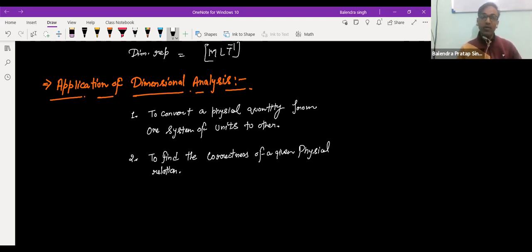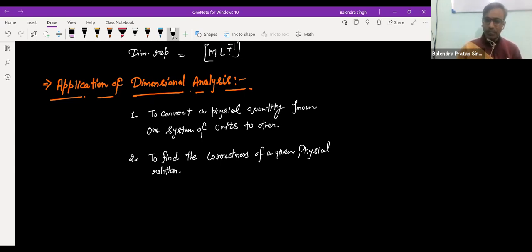Suppose you have an equation such as v equals u plus at. This is the first equation of motion. Suppose someone says v equals u plus at plus x. Is it correct or not? I will discuss this equation. By using the dimensional analysis method, you can say whether the equation is correct or not.